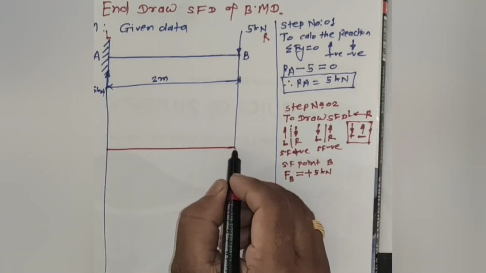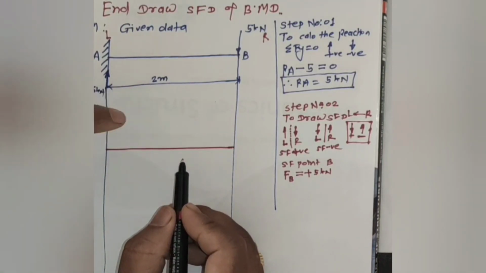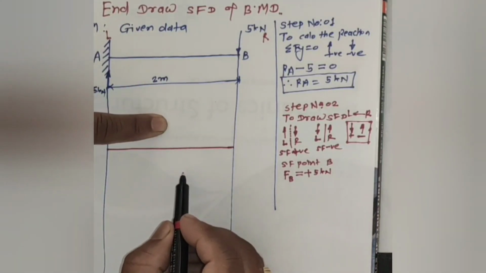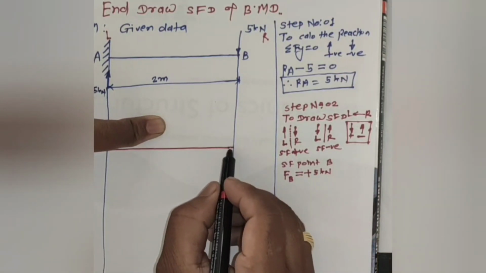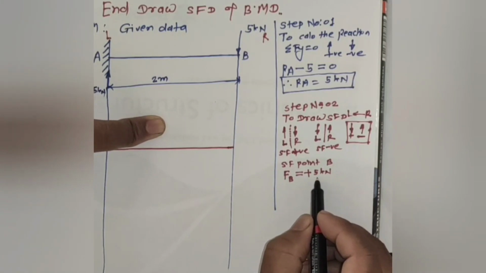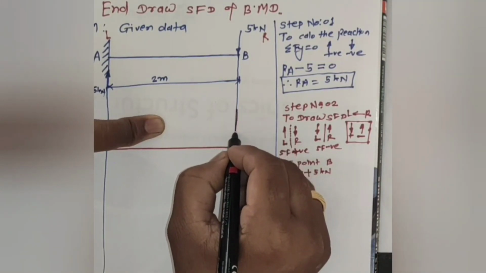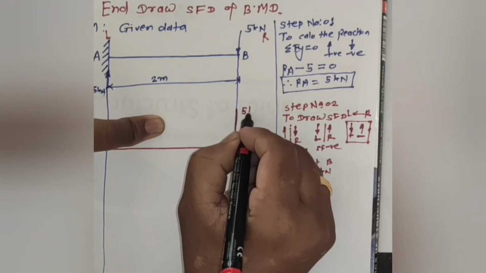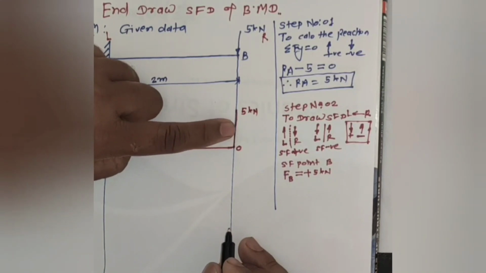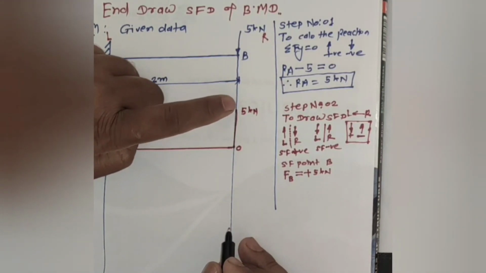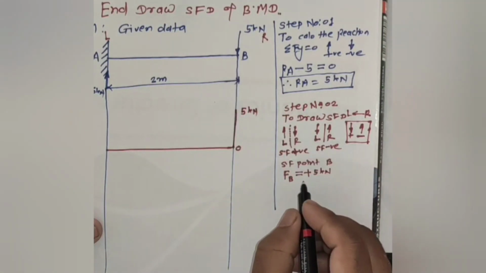This is the baseline. Above the baseline take it positive, below the baseline take it negative. The magnitude of the shear force at point B is 5 kilonewton, so it goes upward above the baseline. Suppose we start from 0: 0, 1, 2, 3, 4, 5. This is the 5 kilonewton shear force acting at point B.